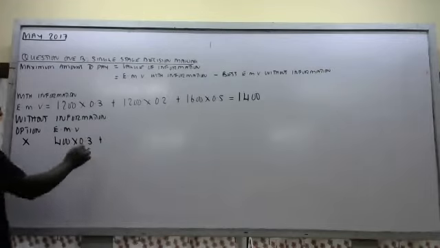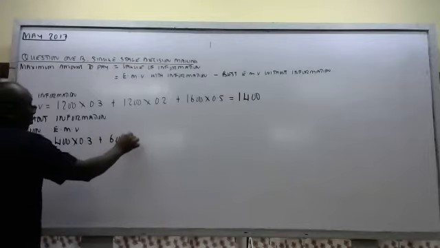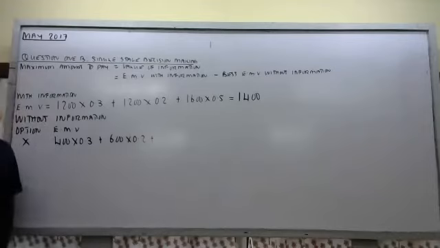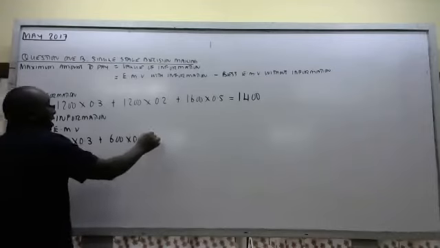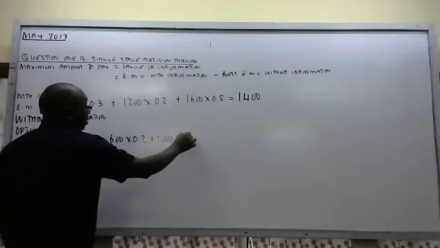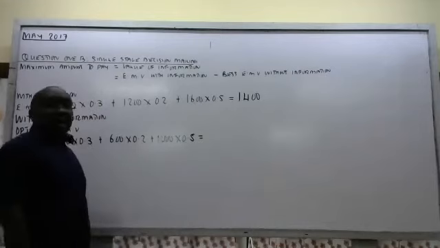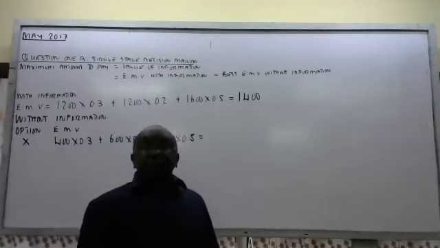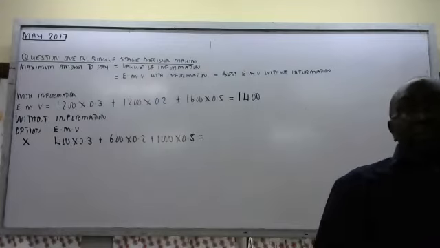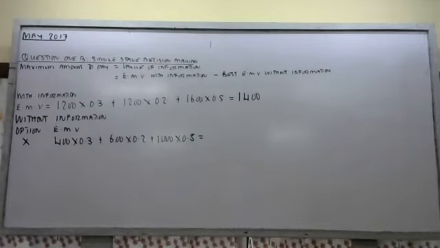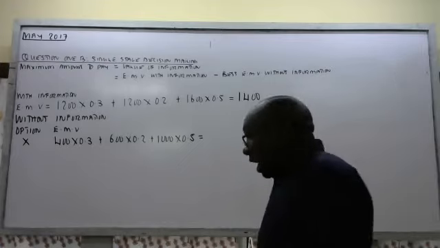If it is normal, it will be 600 multiplied by 0.2. And if it is weak, it will be 1,000 multiplied by 0.5. Aika, are you able now to see that? Okay. Come. So give me the answer there for X. 740.